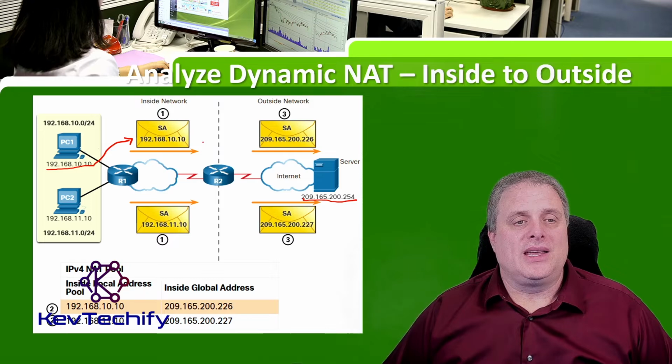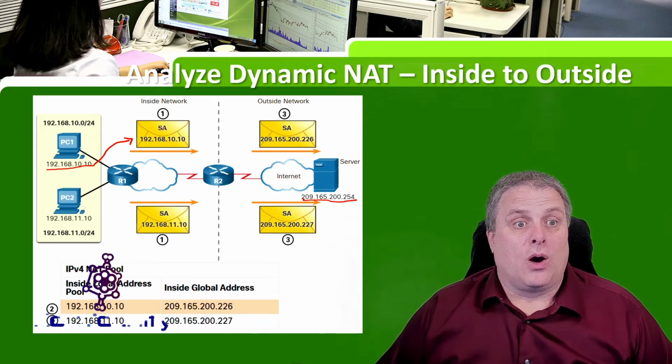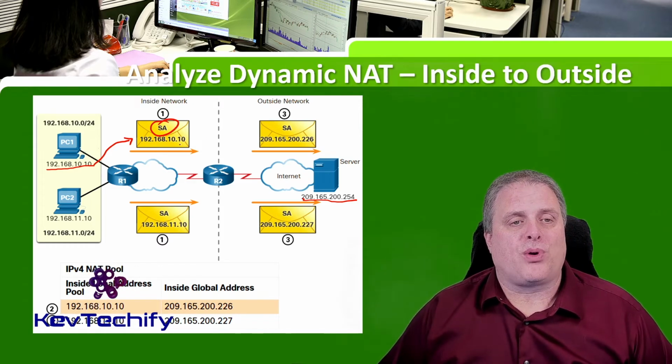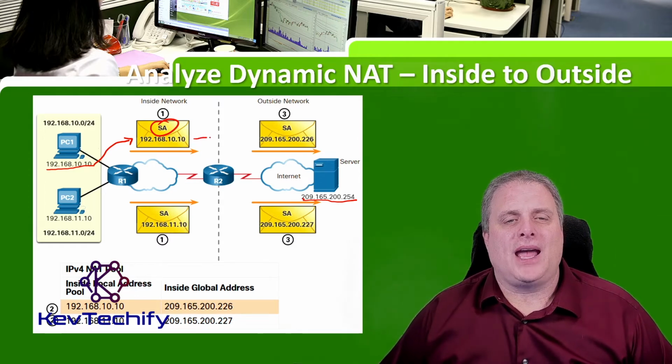When the router gets this packet, it looks to see if there are any private IP addresses in there. It says, oh geez, that source address is a private IP address. We need to translate that source address into a public IP address.